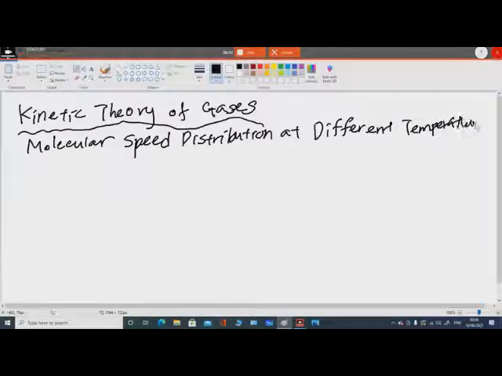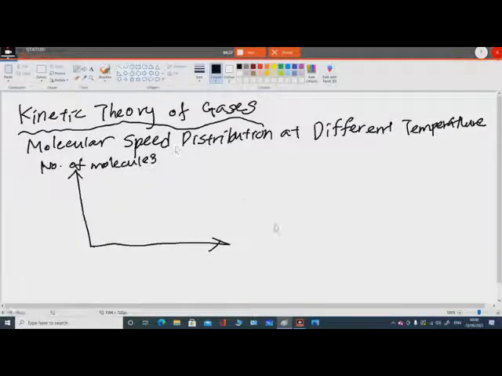Let's say I have axes here. This is the number of molecules, and this is the molecular speed. The number of molecules varies with the molecular speeds.